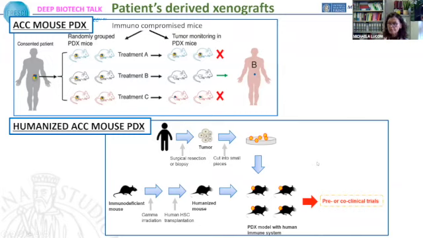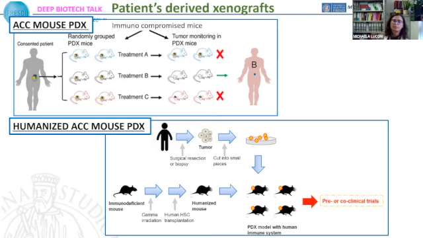And for this specific type of screening, so analyzing the immune response to the tumor and the immunotherapy, the model has been implemented by providing the mouse with a humanized immune system derived from the patient.